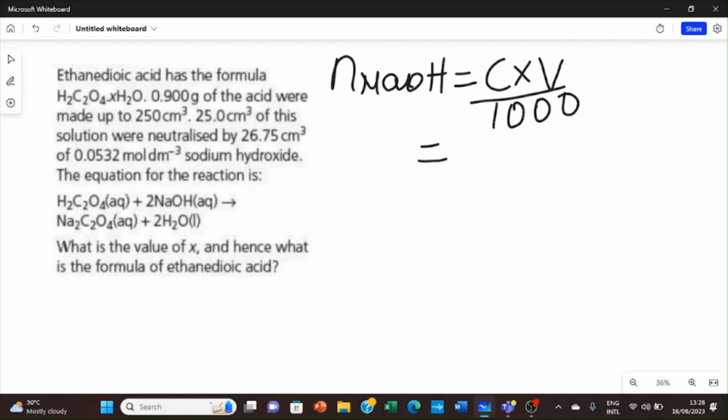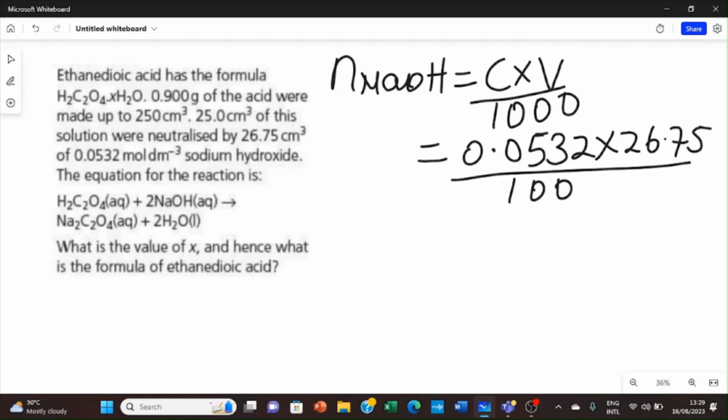So the concentration is 0.0532 times the volume of sodium hydroxide, which is 26.75, divided by 1000. You pick up your calculator, as simple as ABC.